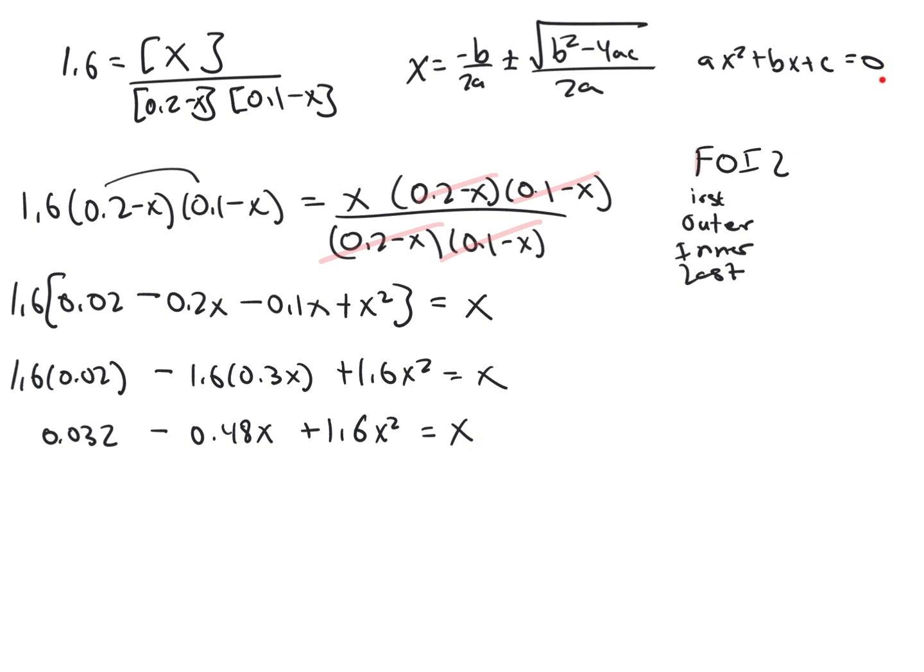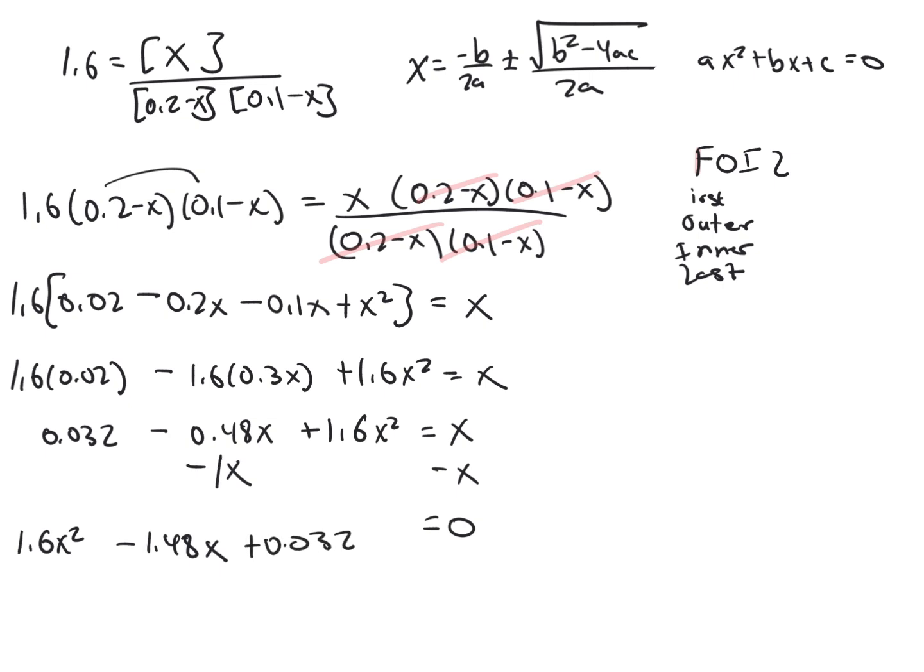I always need to get it into 0 on the right-hand side, so subtract x from both sides. I'll do that, and I'm also then just going to rearrange this into the form that's convenient for ax squared plus bx plus c. So I'll write it then as 1.6x squared minus 1.48x, since I had a minus 0.48x and this is 1x, and then plus 0.032.